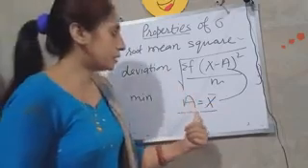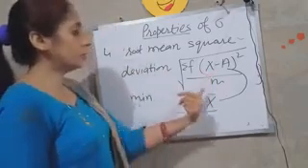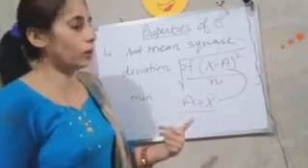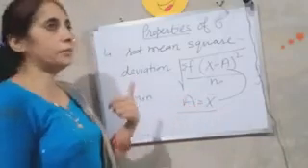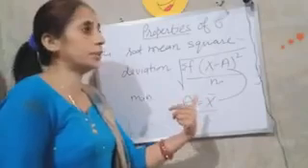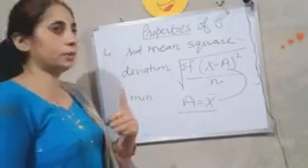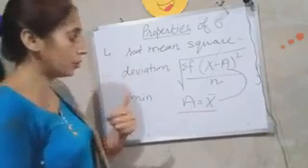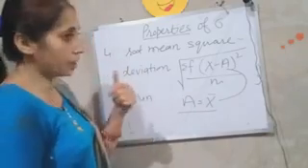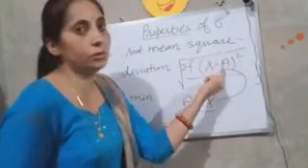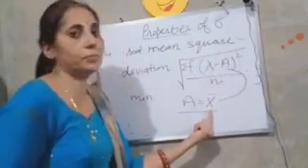Now you can understand that this property is based on the properties of x bar. If you recall, the first property of the central tendency or arithmetic mean was that the summation of deviations taken from the mean will be 0, and the second property was that the sum of squared deviations will be minimum if your assumed mean is your arithmetic mean.